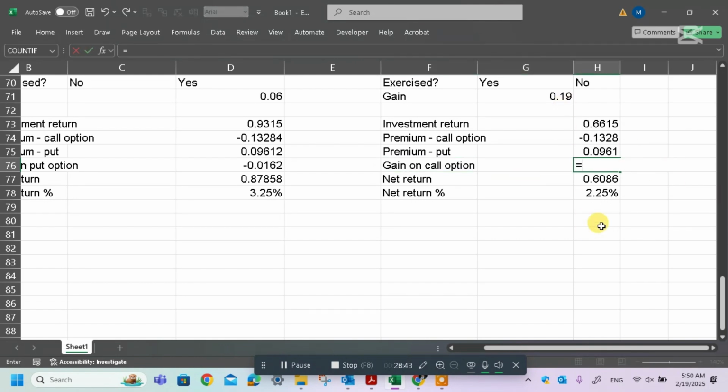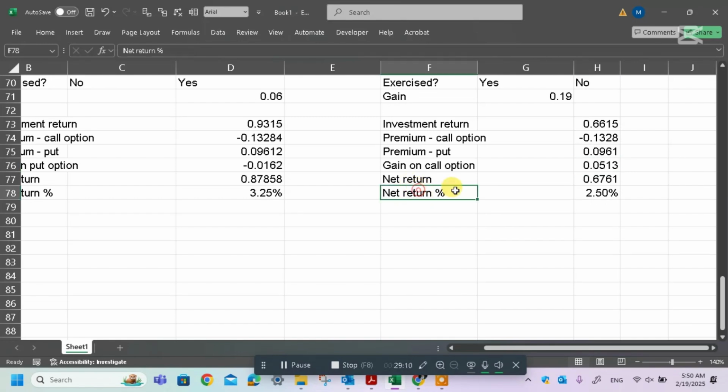So 1 million, 0.19 percentage, 3 by 12. This is the gain on one contract, 108 contracts gain. Right. So let's see once again, investment return is this, and then premium on call option is this, premium on put option is this, gain on call option is this. All right. So that will be the scenario.